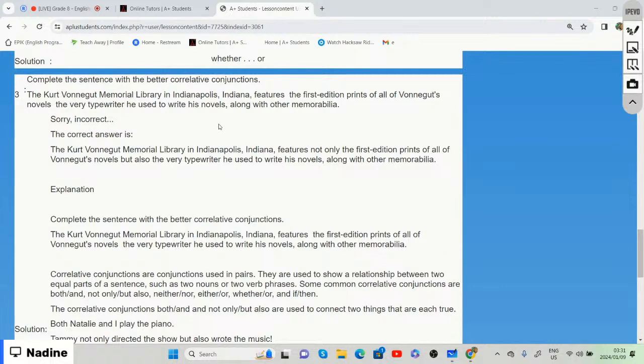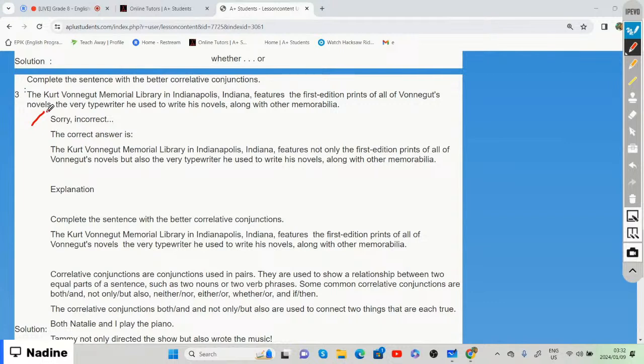So now we need to choose the correct correlative conjunction. And if we choose the correct one, we're going to put one over here. So we're going to add the one over there.